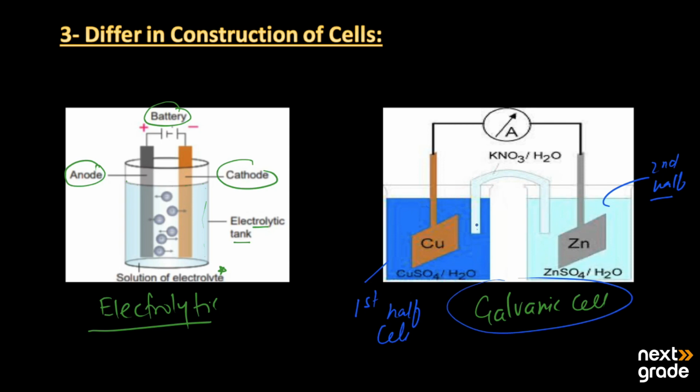A salt bridge is required to keep the solution neutral on both sides, and to check the flow of current it is attached to a voltmeter. So this is the main difference in construction: the electrolytic cell consists of one complete cell, and the galvanic cell consists of two half cells, the oxidation half cell and the reduction half cell.